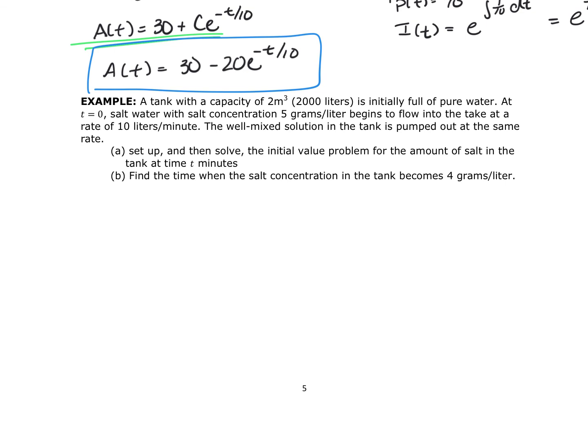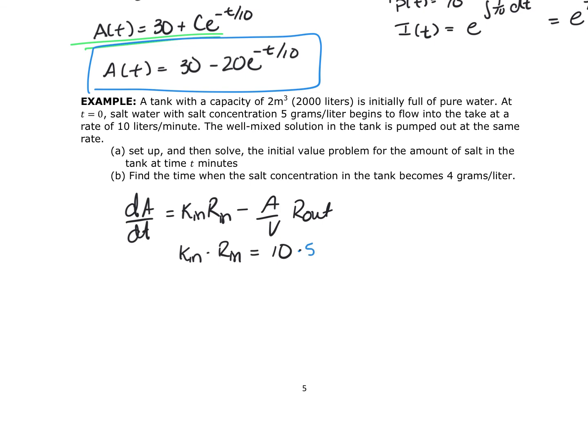So we know, as before, that dA/dt is going to be equal to K_n multiplied by R_n minus A over V, R out. So we know that K_n is 5 and R_n is 10. So K_n multiplied by R_n is going to be 50.